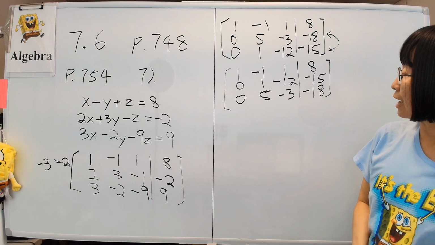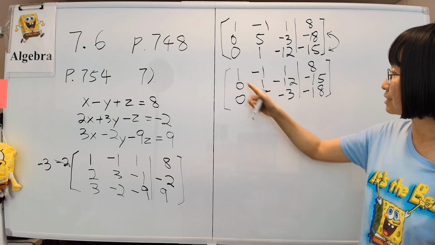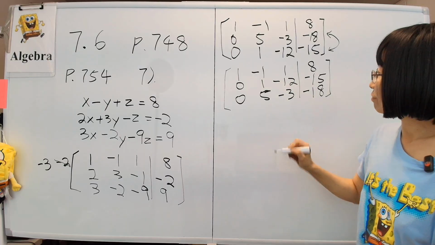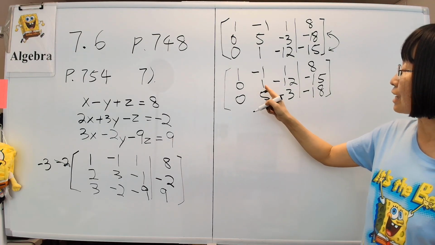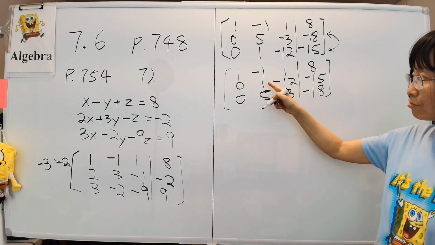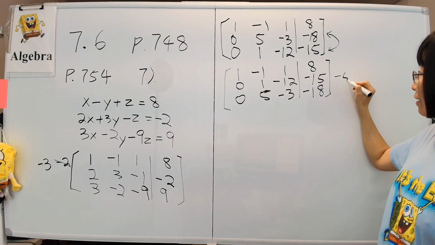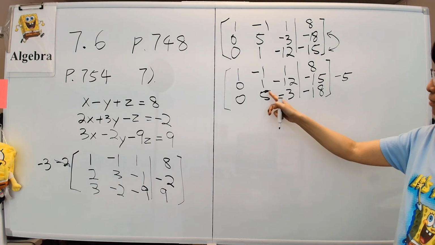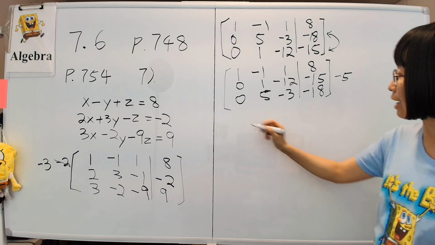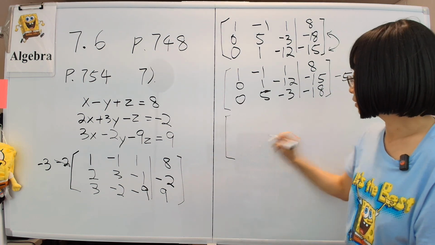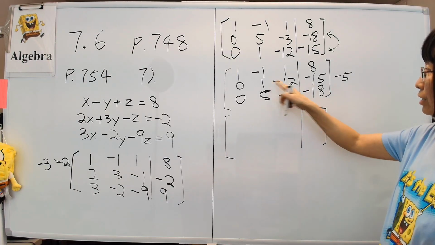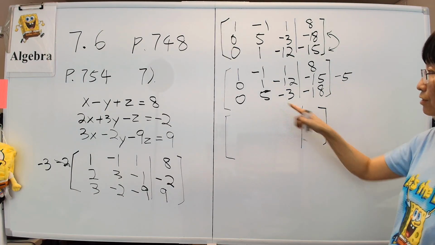And now we have 1 here, 0, 0 here. We just need this thing to be 0. That's a 5. To do that, we're going to take the second row and multiply it by negative 5. That added to the positive 5 should kill it. So the second row is going to be multiplied by minus 5 and added to the third.